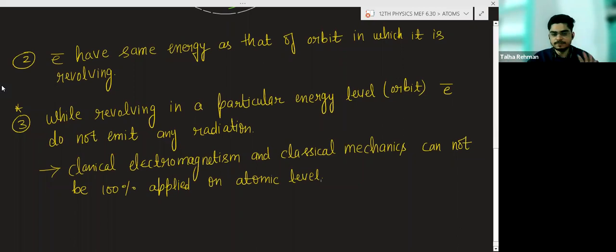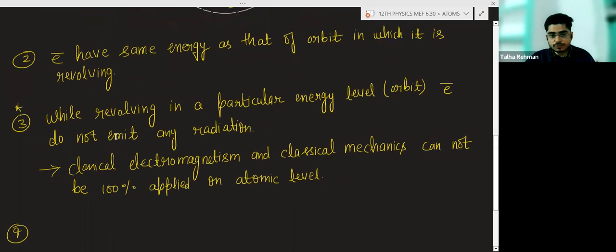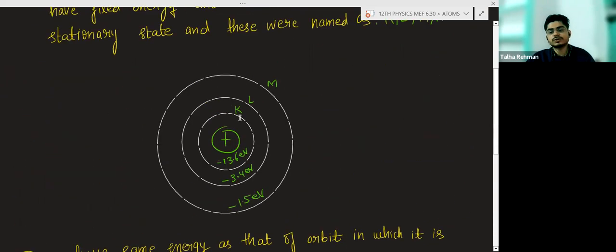That is a different thing. Point number four: suppose the electron is absorbing some energy while revolving in an energy level. If the electron gets some energy, it will move from the K energy level to the L energy level.